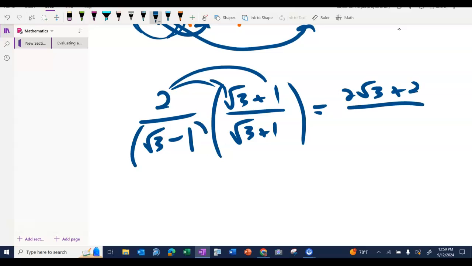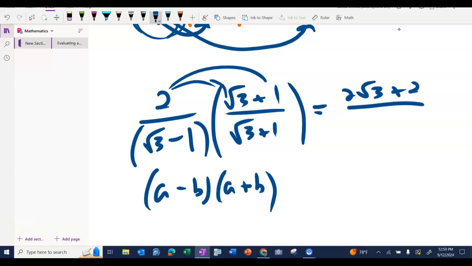And on the bottom, we have this format, a minus b times a plus b, which we all know is a squared minus b squared. What's nice about a squared, a being root 3, is we just get 3. Minus b squared, our b term is 1, which is also 1.